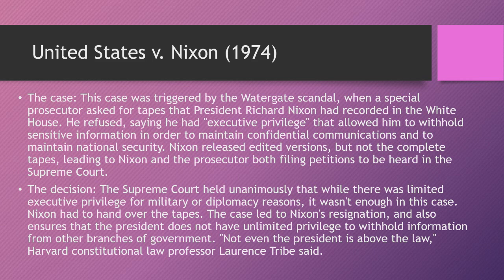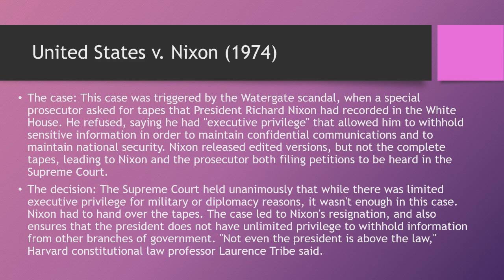This case is the reason why Trump had to give over some of the transcripts of his calls to the initial impeachment trial, which is quite interesting. Nixon originally released edited versions, but not the complete tapes, leading to Nixon and the prosecutor both filing petitions to be heard in the Supreme Court.